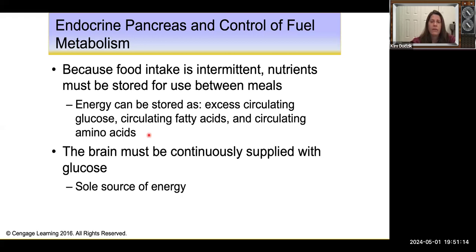We can use fatty acids, we can use amino acids, but the brain, I want to call this out, has to continuously be supplied with glucose. And that's its sole source of energy. So we're going to see a little bit different situation going on with the brain. We do things in order to make sure we have glucose available for our brain at the expense of some of our other organs.